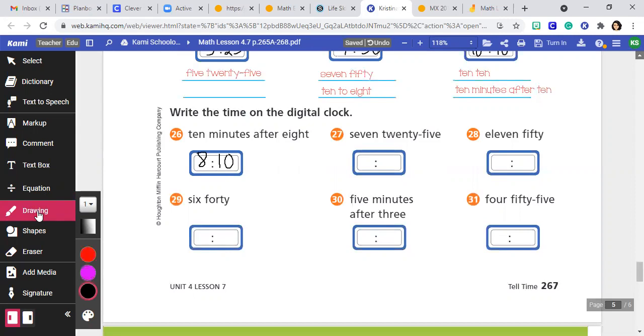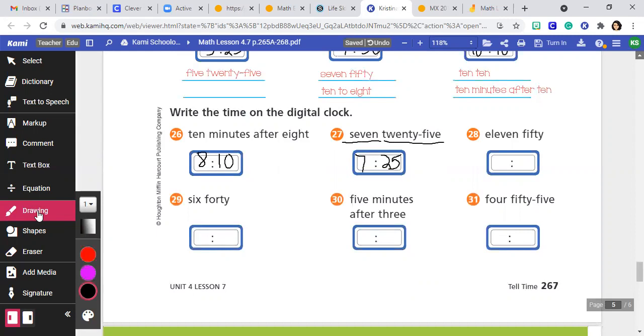Number 27 says 7:25. How many minutes after the hour? There are 25 minutes after the hour. And what is the hour? It's 7. Number 28, 11:50.